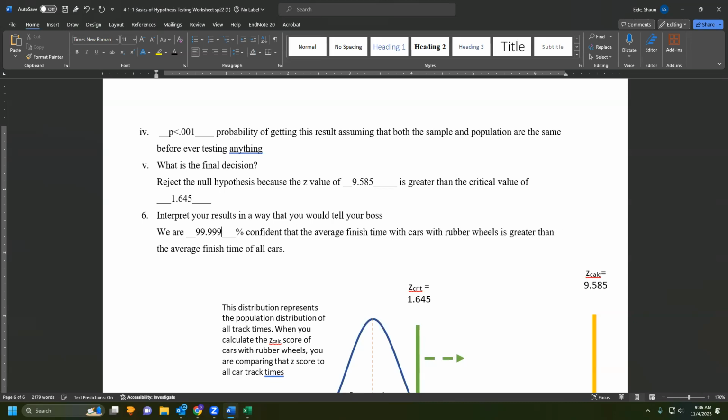Now, technically, you could put 99.999 because what you're basically doing is you're corresponding it with this. But I would say only go to the tens or the hundredths place when you're doing something like this, because you don't want to overestimate how confident you are. If you overestimate how confident you are, people are going to look at it and wonder, hey, did you really do everything correctly?